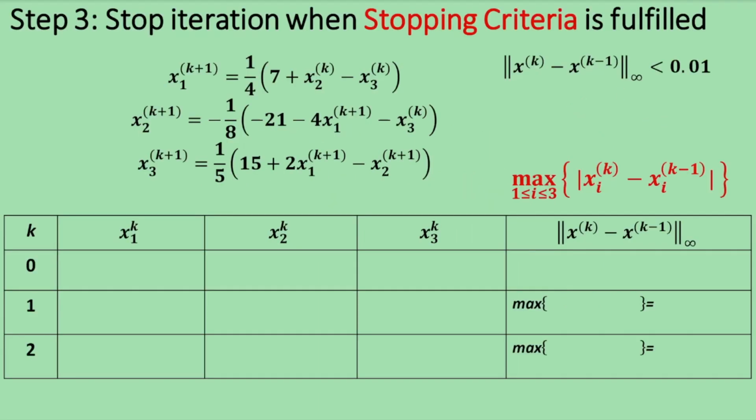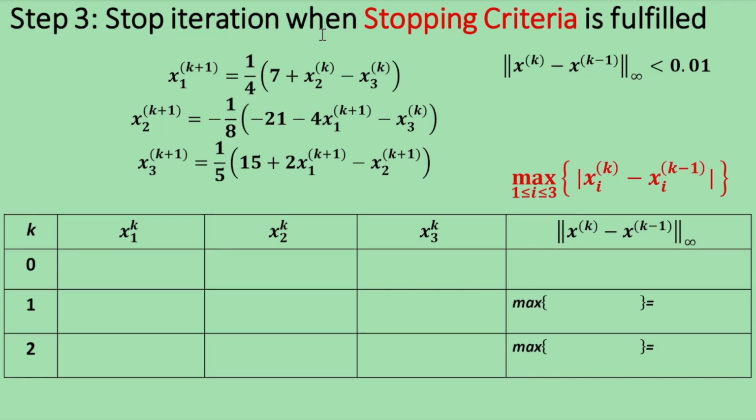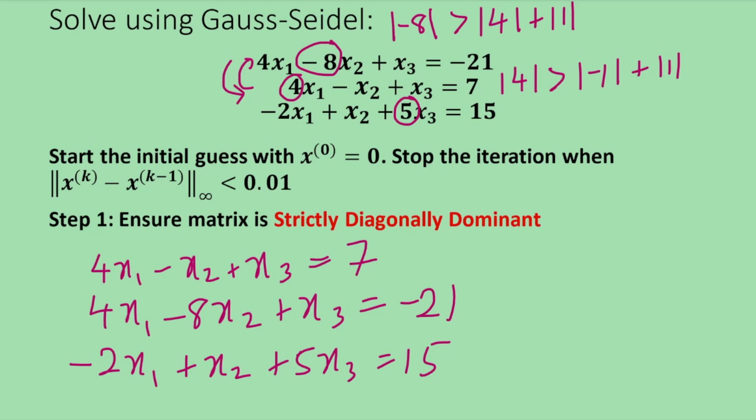We would move on now to step number 3. Now in step number 3, we would calculate the values of x1, x2 and x3 using the initial values. Now if you still remember, the initial values of x1, x2 and x3 were zeros. Let's look at the question again. So this was the question.